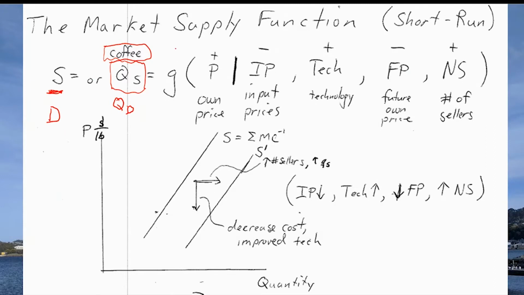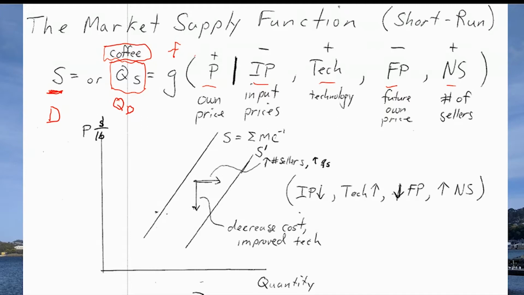Instead of using F, which is the function name I use for demand, I'm using G for the function name. Notice I've got G with parentheses here. That means supply is a function of a number of different variables listed here: price, input prices, technology, future prices, and the number of sellers in the marketplace. In general, supply in the marketplace is going to be influenced or affected by changes in these other variables in particular ways.